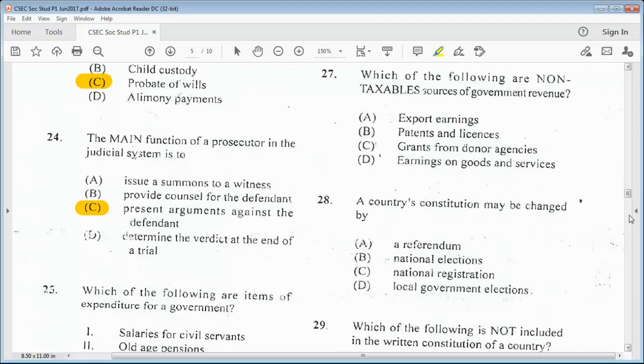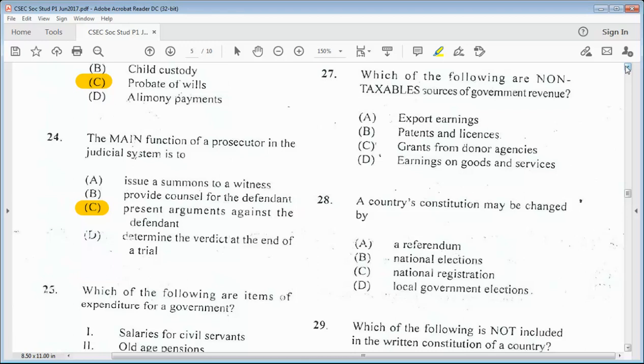So let's move on to 27. Which of the following are non-taxable sources of government revenue? A. Export earnings. B. Patents and license. C. Grants from donor agencies. Or D. Earnings on goods and services. So we know non-taxable. Export earnings are taxable, so the government gets taxes.